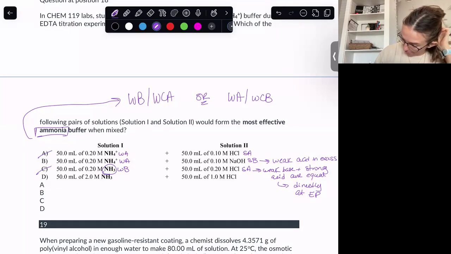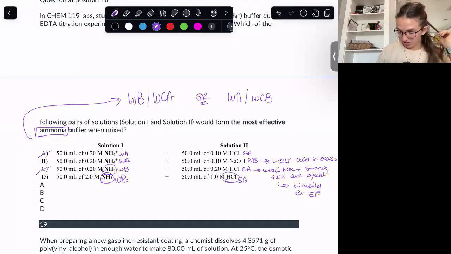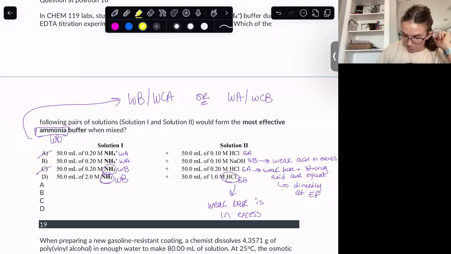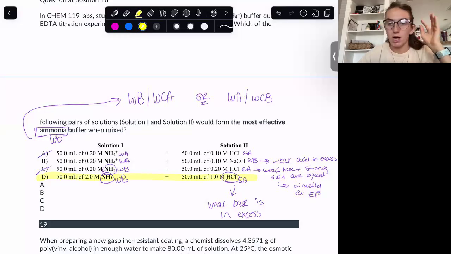And then when we look at choice D, we have our weak base and our strong acid, but this time your weak base is in excess. Since our weak base is in excess and we're looking for the weak base component to be our buffer, D is our best choice, because we want an ammonia buffer and we want our weak base to be in solution.